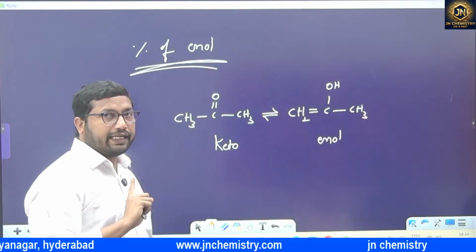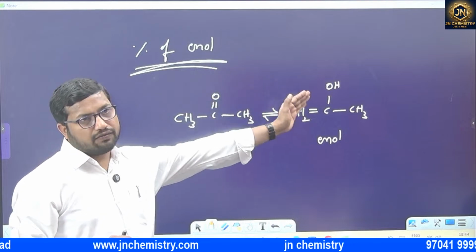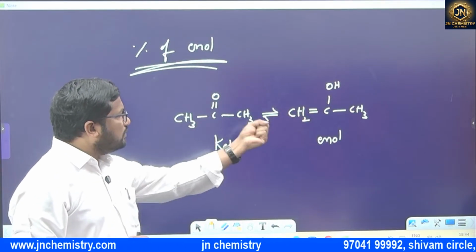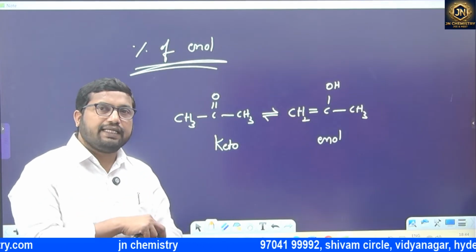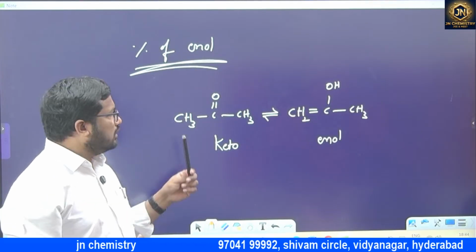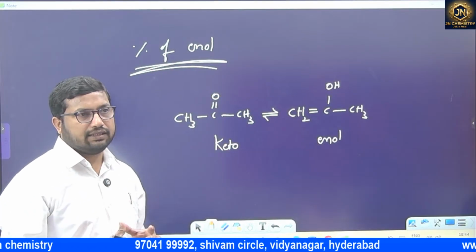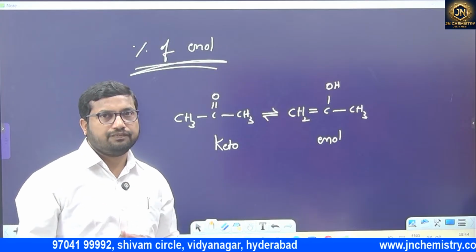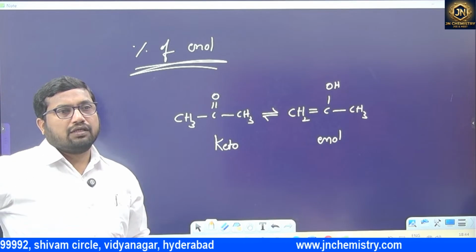This is in dynamic equilibrium, so the forward direction takes place and the backward reaction also takes place. Now in keto enol tautomerism, in different cases it keeps on changing. In this case, which is more stable, which is present in more percent in the reaction mixture? Let me know. Keto form.